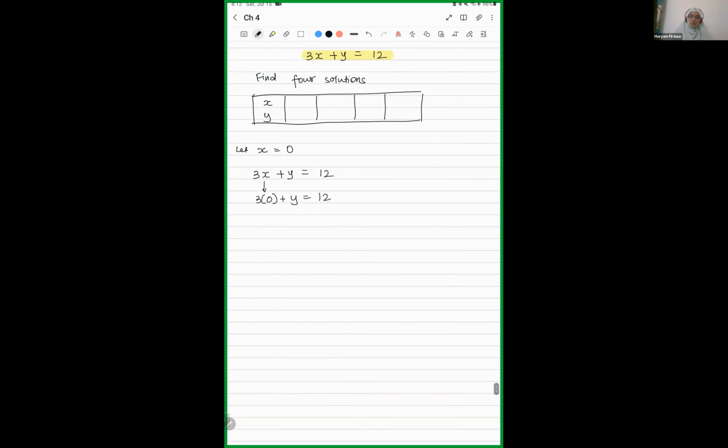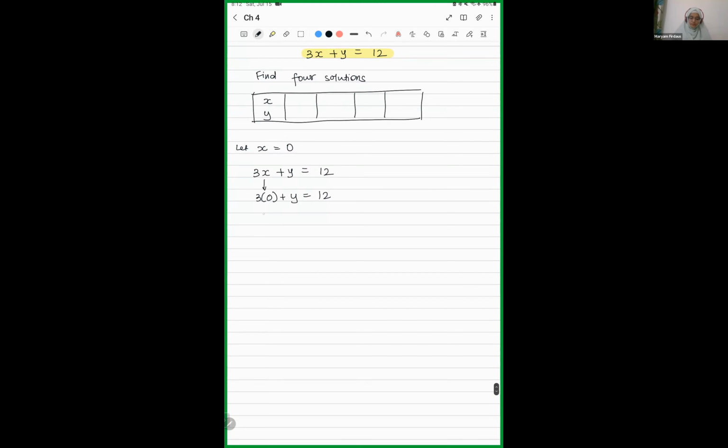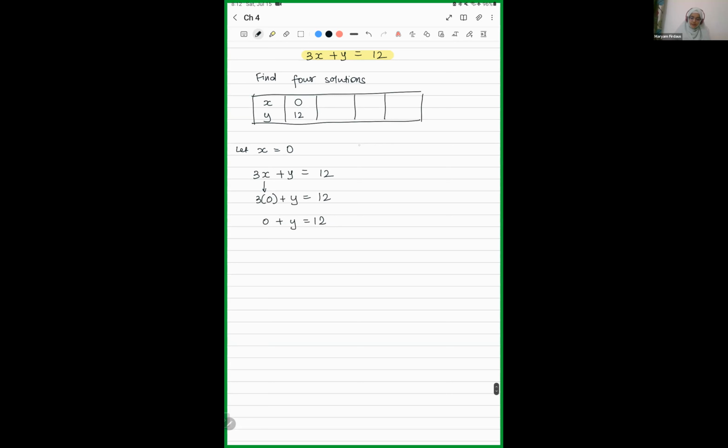What is 3 times 0? 3 times 0 is 0. 0 plus y equals 12. That means y equals what? y is 12. So when x is 0, y is 12. Now I'm going to write it in the table.